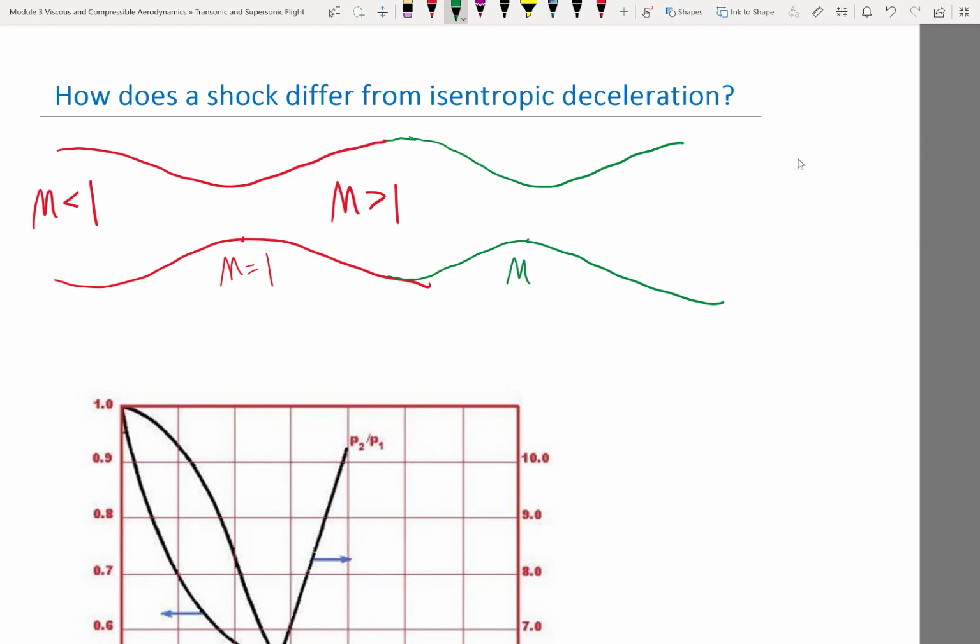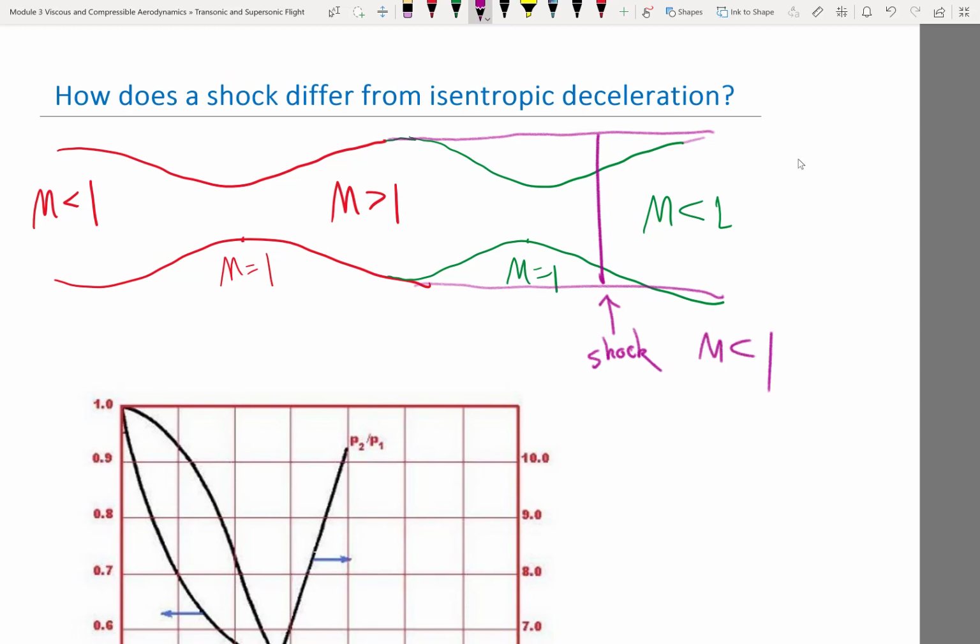Up to this point, we have Mach equal to 1, and then downstream, we are back at subsonic conditions. The other case, let's use purple, is that the geometry stays constant, okay? And we get the shock wave. And after the shock wave, we also have Mach less than 1.